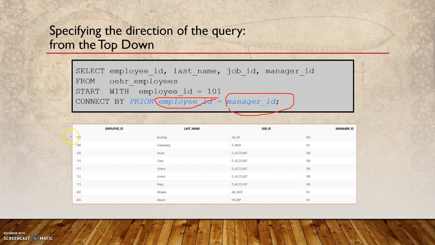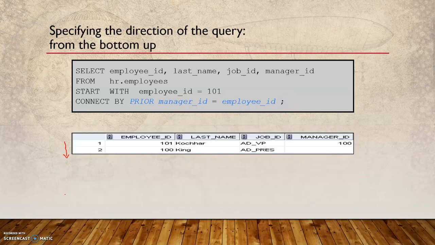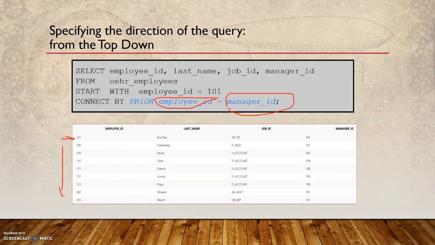So whoever is Kochar becomes the topmost, and whoever reports to him, like the next level, goes down. So this is top to down, and this is bottom-up.